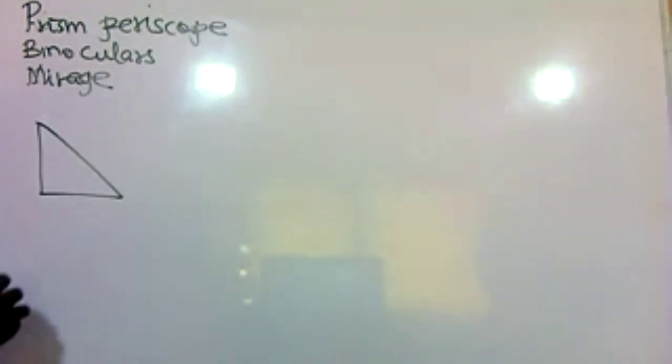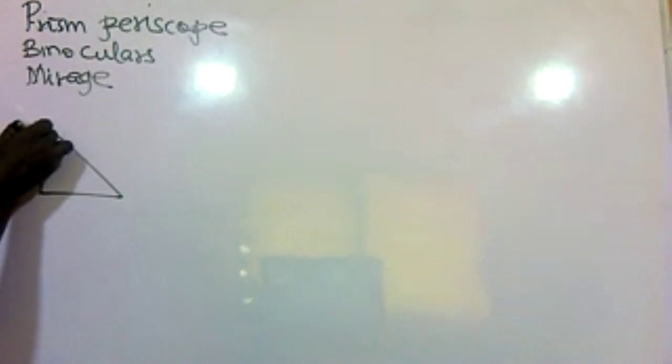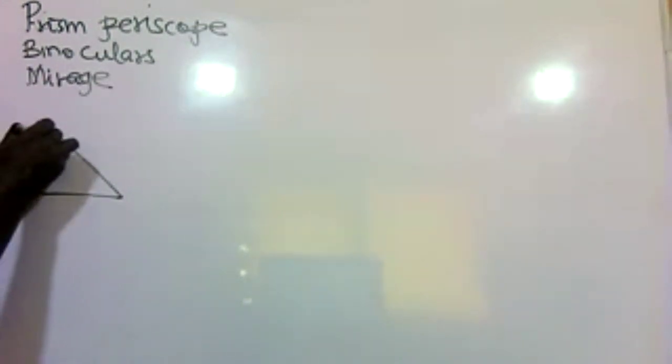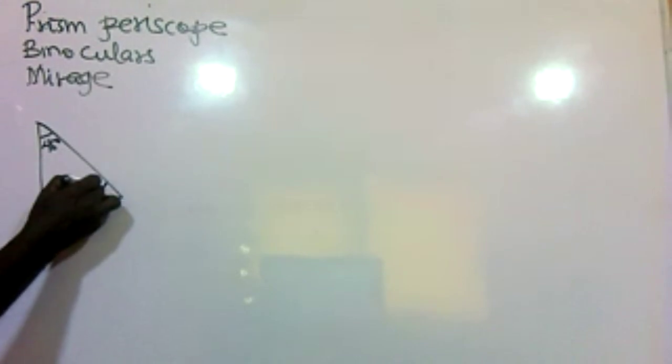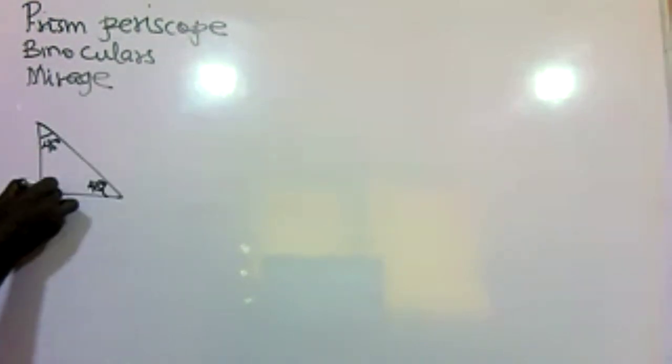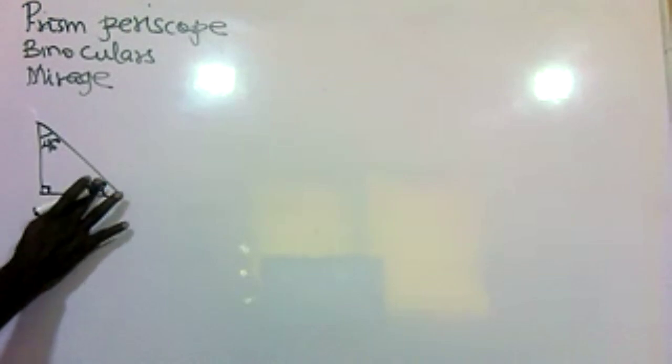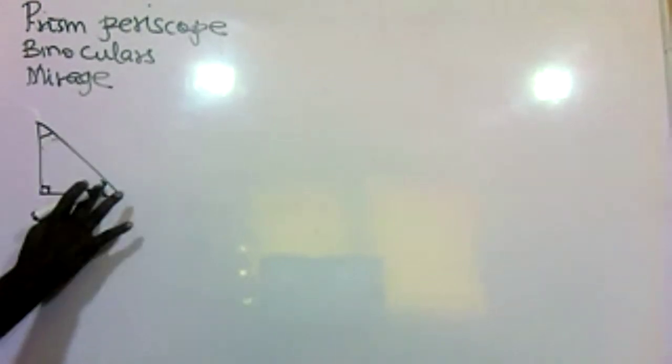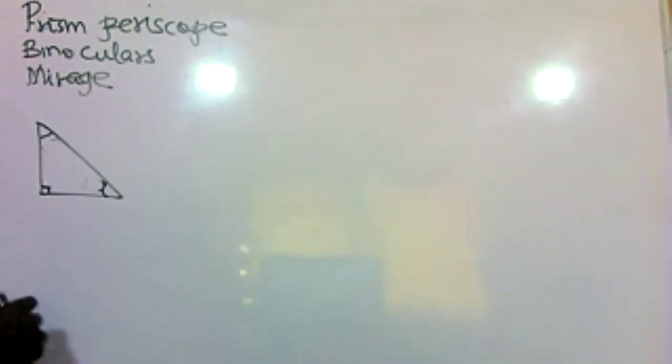The prism periscope, I gave you the diagram. Within the prism, this is 45°, this is 90. It is arranged, two prisms arranged in this manner.